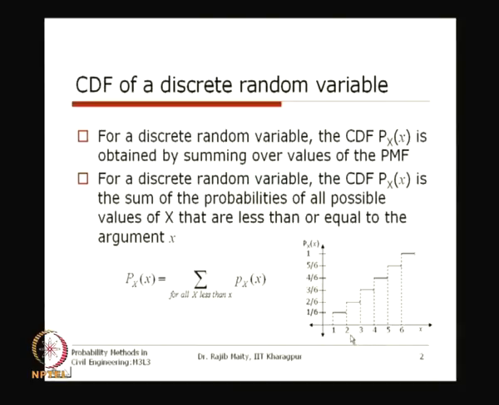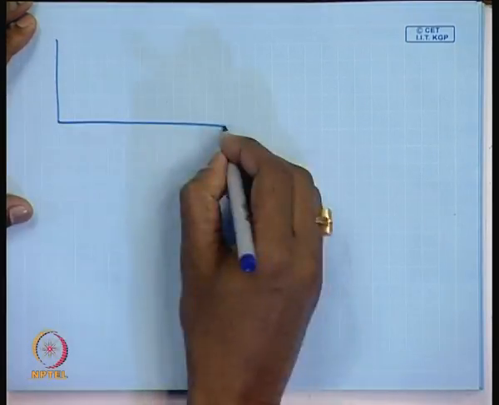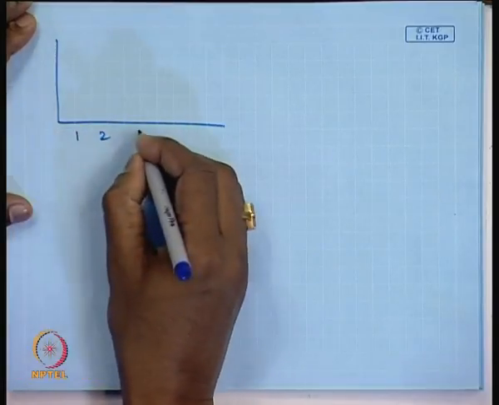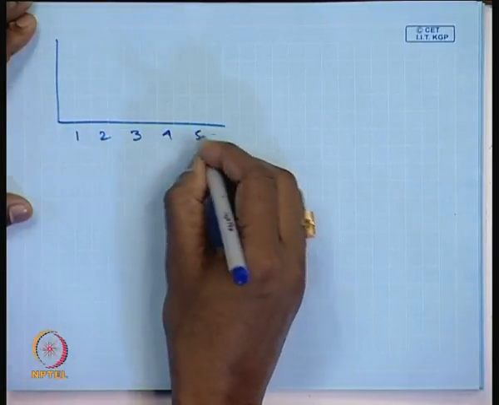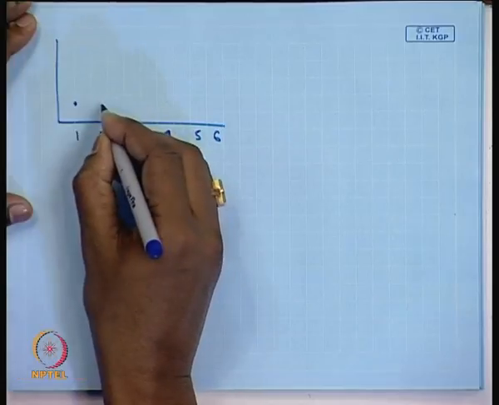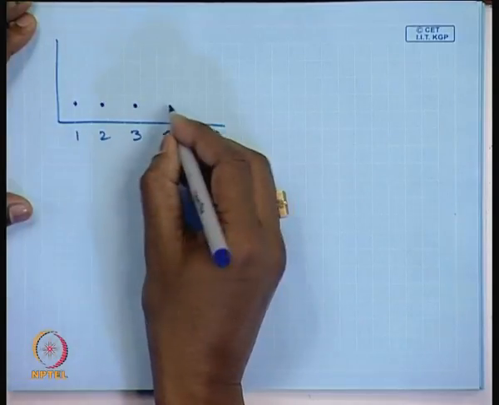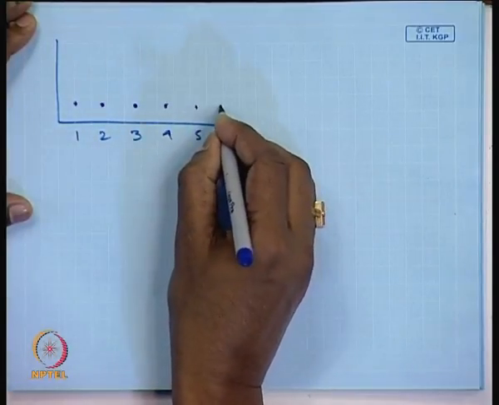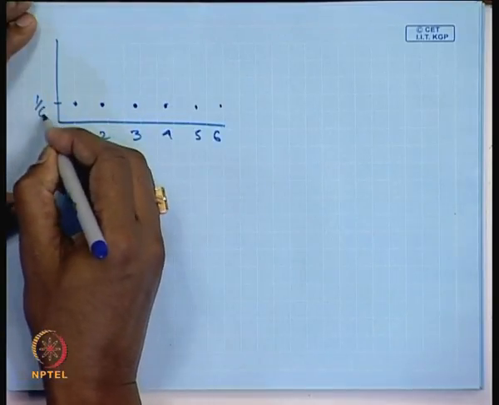So this is now concentrated. In the last class we have seen that its PMF looks like this, where we have 1, 2, 3, 4, 5 and 6, and all are concentrated masses, all equal to 1 by 6.